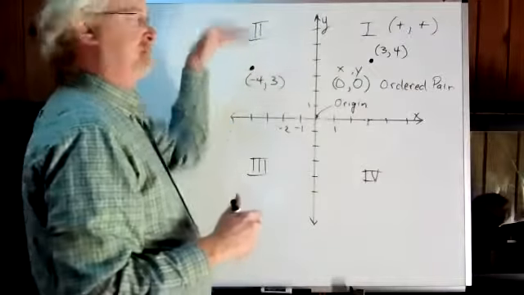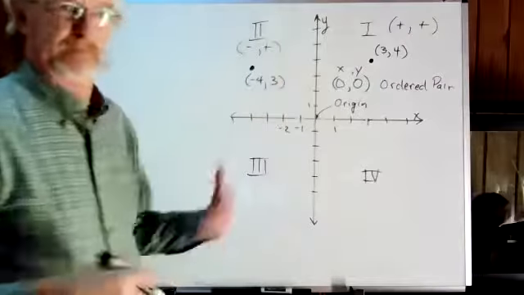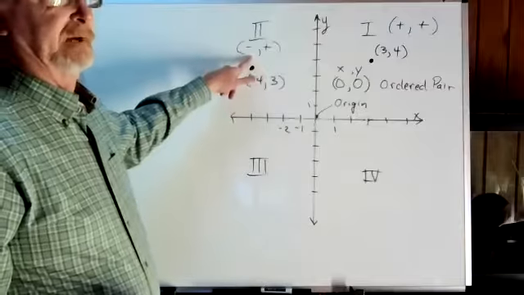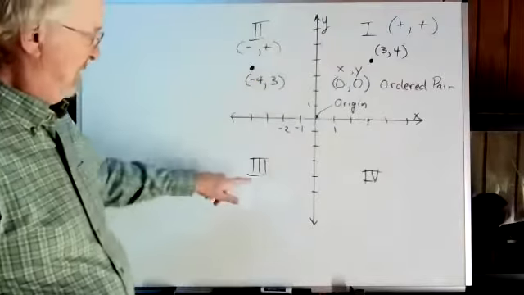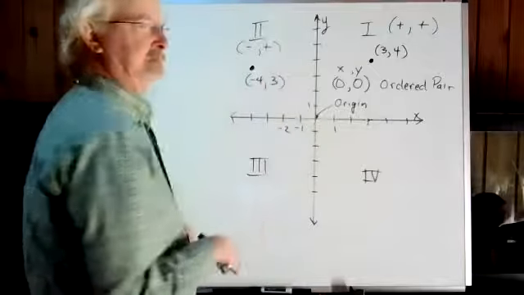Negative x, but positive y. The signs in that second quadrant will always be negative for the x value and positive for the y. When we're in the third quadrant, we're negative x and negative y.